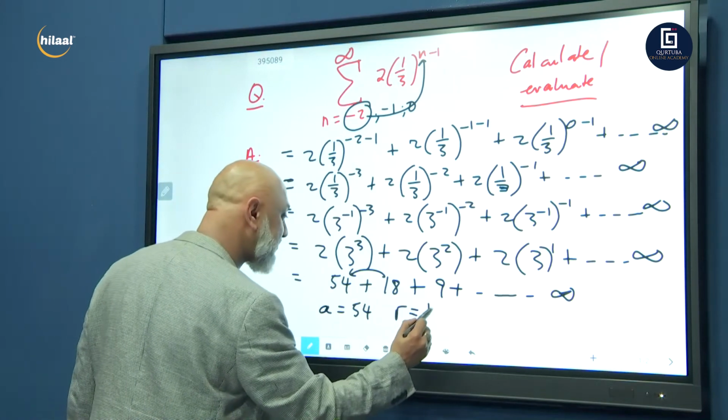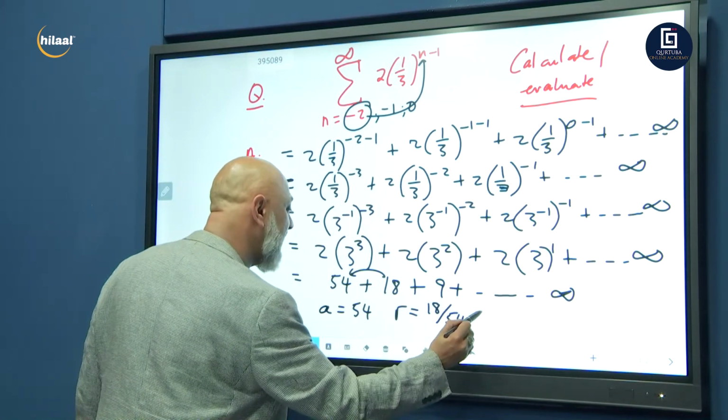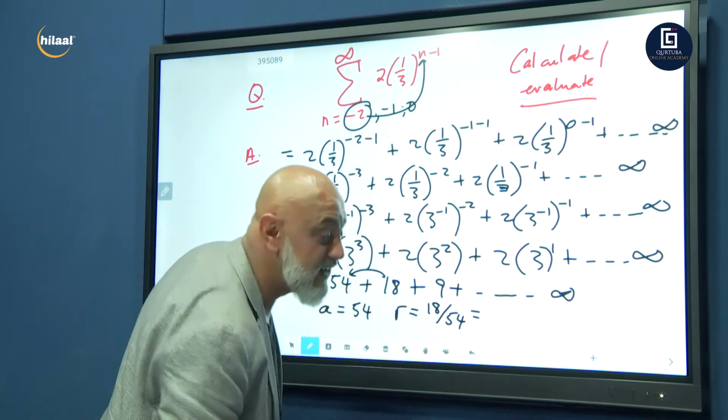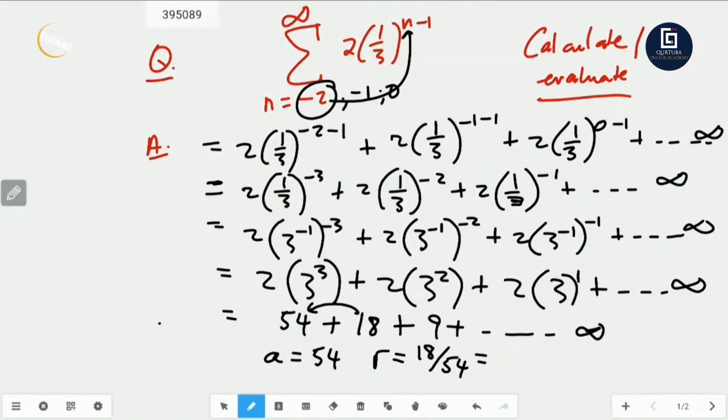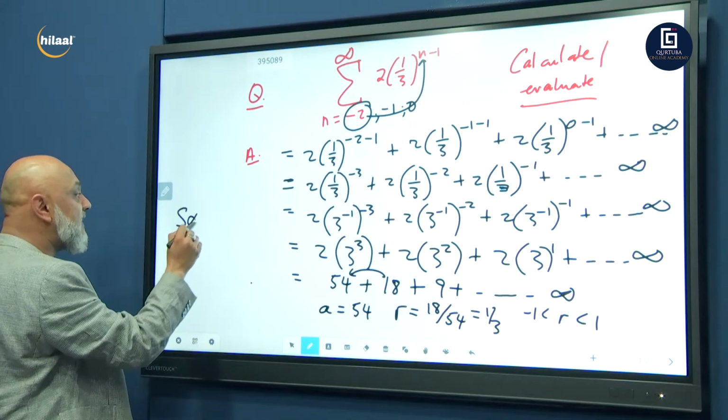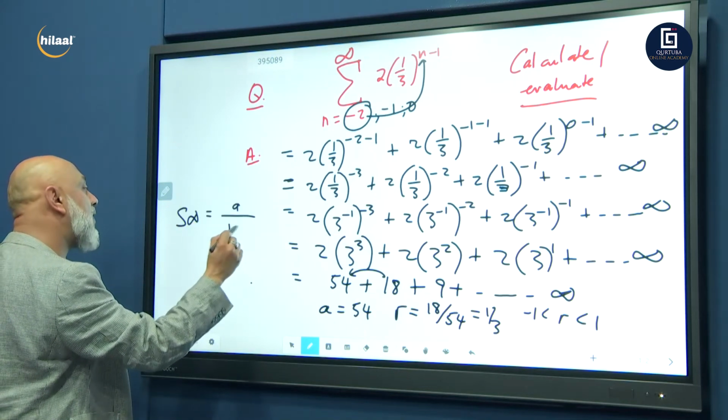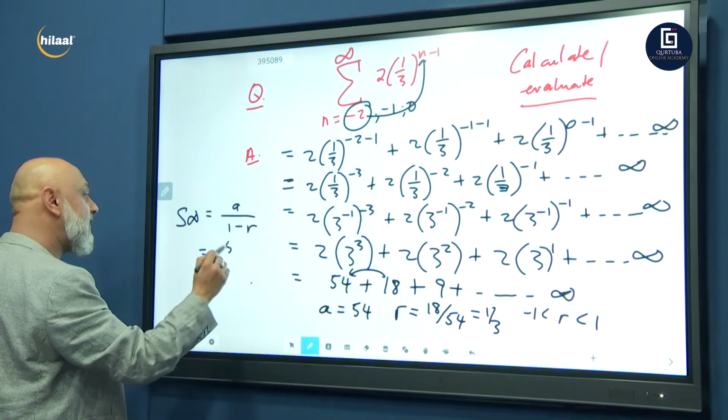18 over 54 is 1 over 3. And we know that R is less than 1 but greater than minus 1, and this is infinity. So S to infinity for convergent is A over 1 minus R. What's your A? 54.